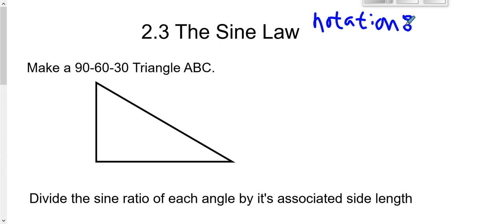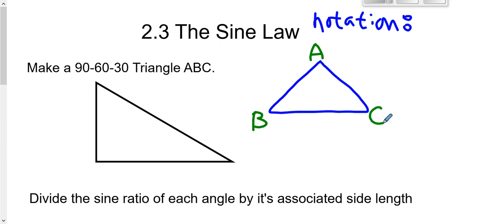So, notation. Let's say we have a triangle. By convention, we always use capital letters to indicate the vertices. So vertices are always capital letters, not lowercase letters.